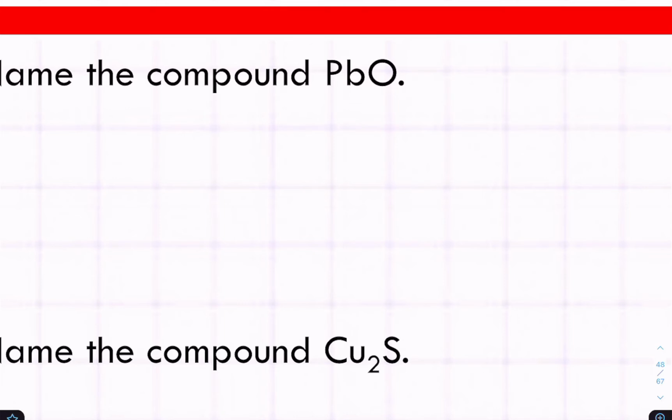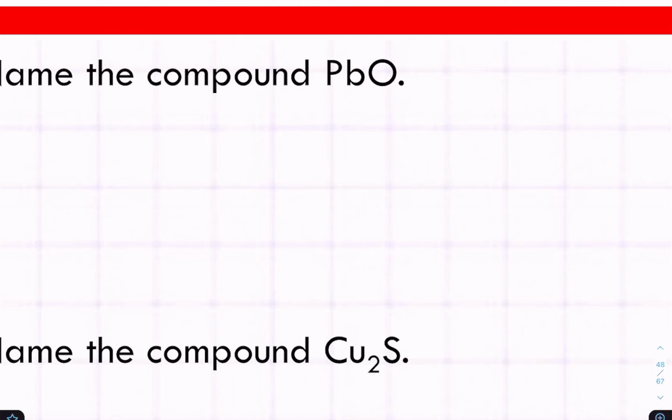It is ionic, and why? It's not an acid. It doesn't start with H. Yeah, metal and a non-metal. So the first element is a metal, so it's ionic.